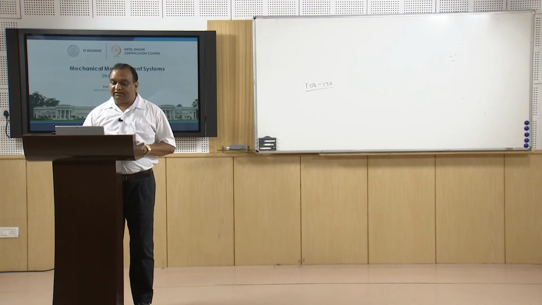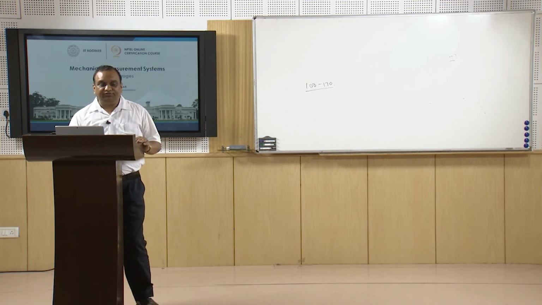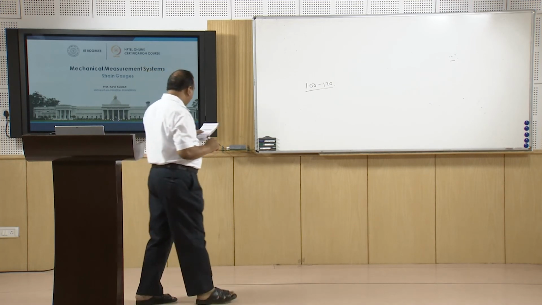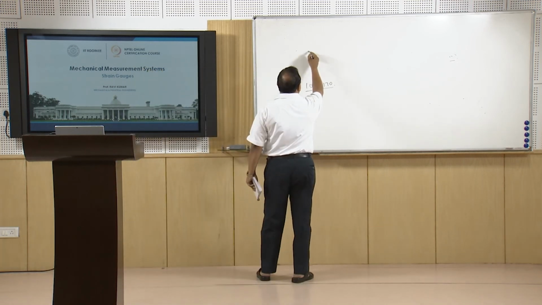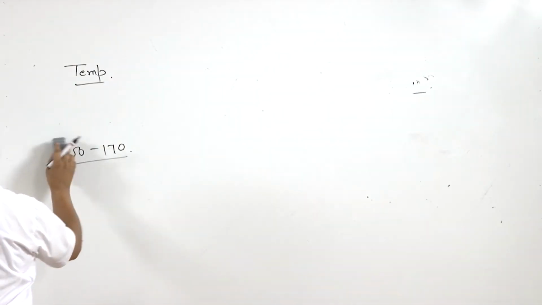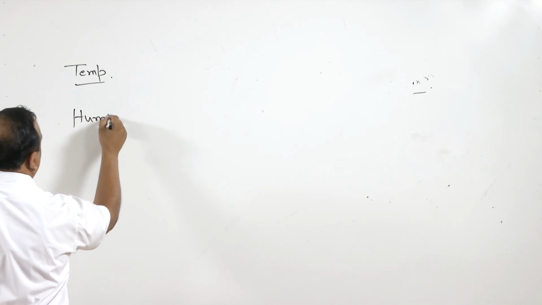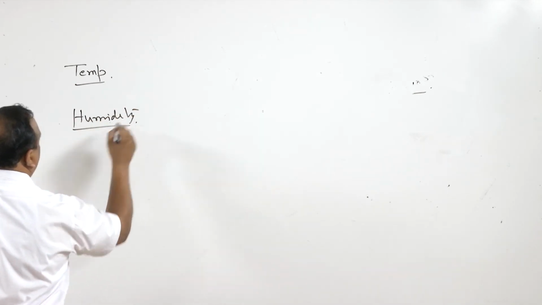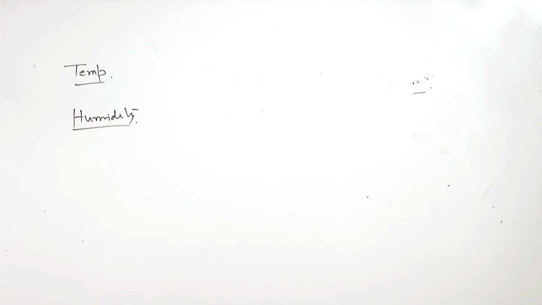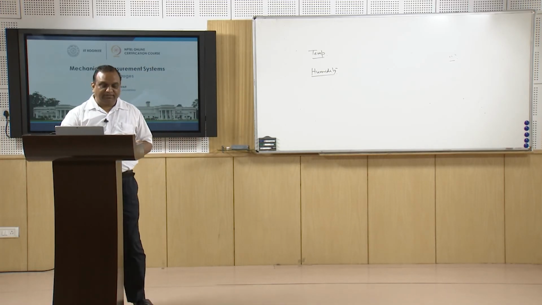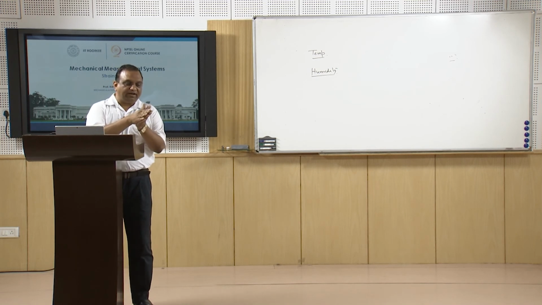There are certain factors which affect the performance of strain gauges. First of all, temperature variation, and second is humidity. When there is a change in temperature, there is a differential movement between the substrate and the strain gauge.